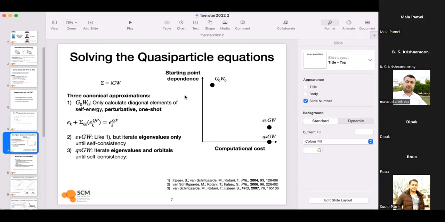And that typically gives you a factor of 2. It's not always like this, but there's a tendency. But I guess the advantage then is if you can afford it, qsGW is a little bit more idiot-proof, if you will, right? So you don't need to make sure that you have the right amount of exact exchange to begin with.